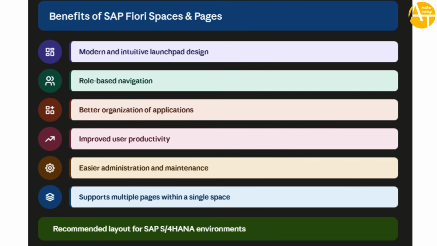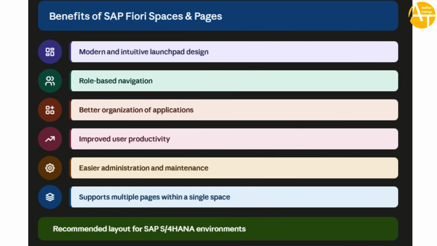Fourth, this structure improves user productivity. Less time searching for apps means more time getting actual work done. Fifth, administration and maintenance become easier. Admins can update one page or section without disrupting the entire Launchpad, making changes faster and safer to roll out. Sixth, a single space can support multiple pages.